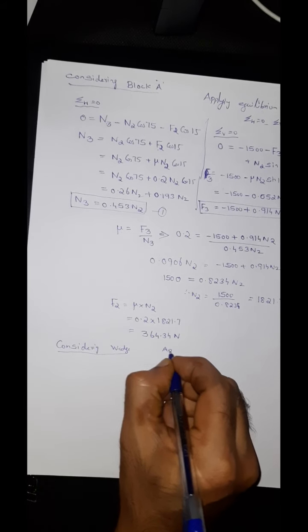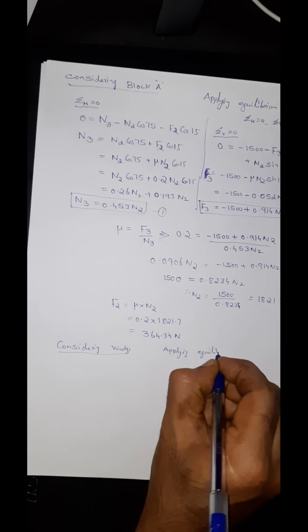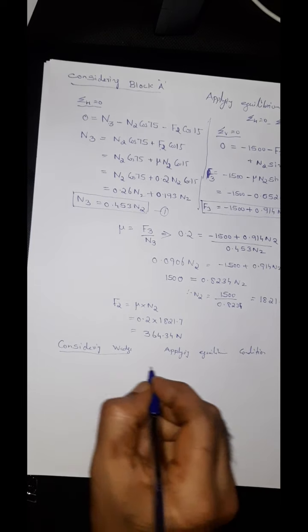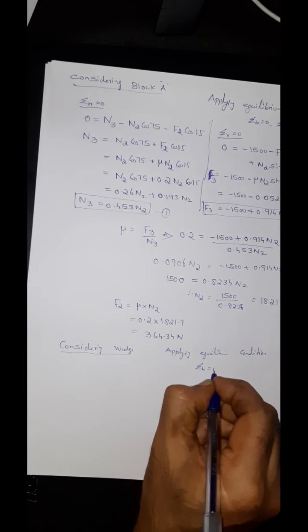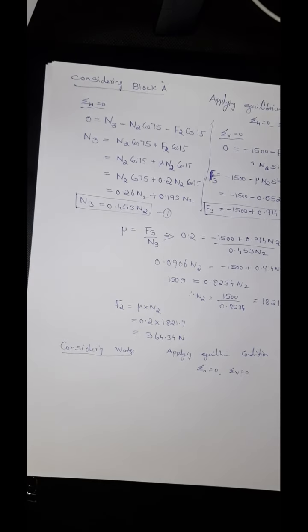Again, applying the equilibrium conditions: summation H is equal to 0, summation V equal to 0. So this is the free body diagram of the wedge. Let us solve the horizontal forces first. So going to resolve horizontal forces.